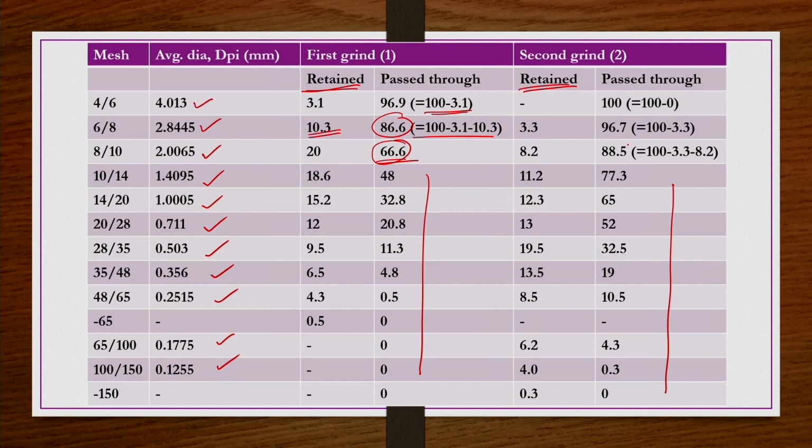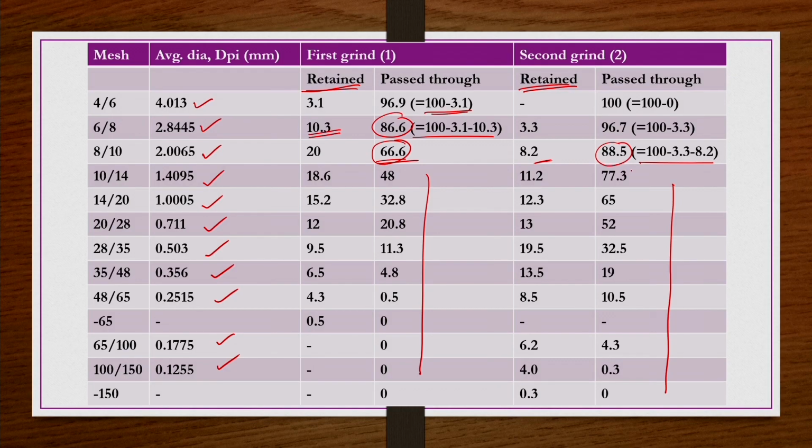Next, only 3.3 is retained on mesh 6, so 100 minus 3.3, that is 96.7% of material passes through mesh 6. Similarly, only 8.2 is retained on mesh 8, so 100 minus 3.3 minus 8.2 gives 88.5% passing through mesh 8.